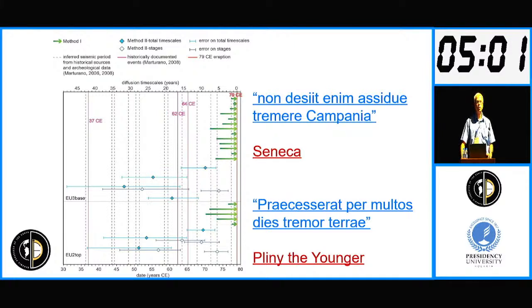And there are very famous historical records from people like Seneca, Pliny the Younger, that talk about a lot of earthquakes 10 years before the eruption, that Pompeii was basically a construction site before the eruption happened. And in fact, for those of you who know the Last Days of Pompeii, a famous novel and film, that actually has earthquakes in some prominent scenes in that story.